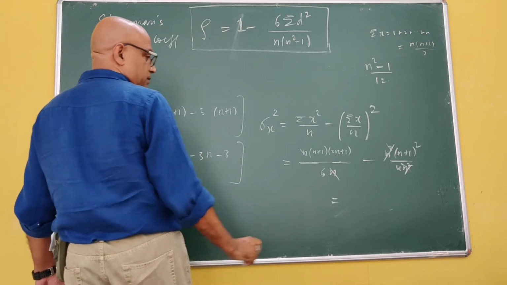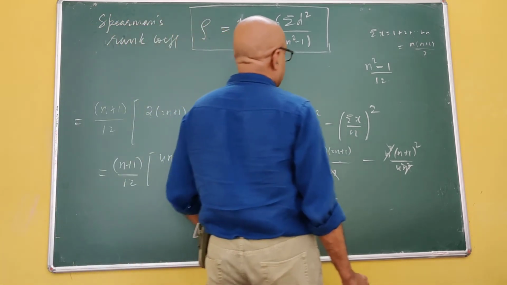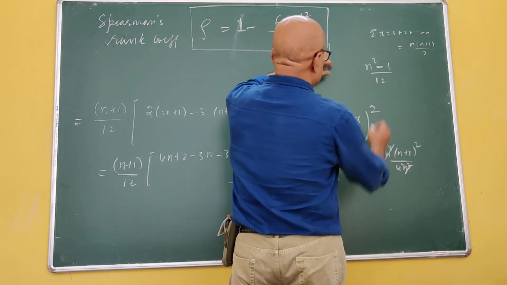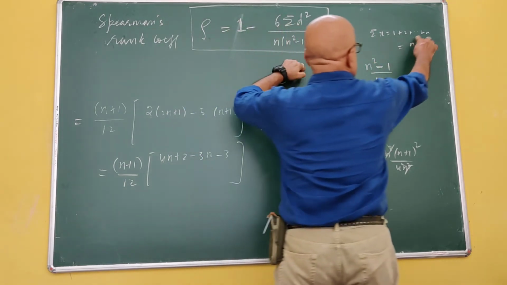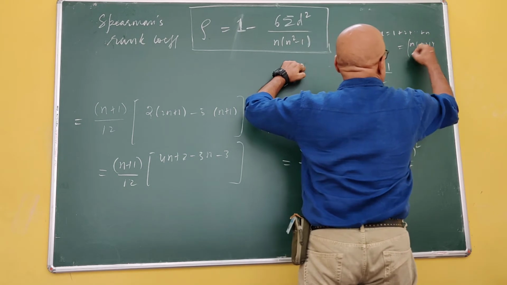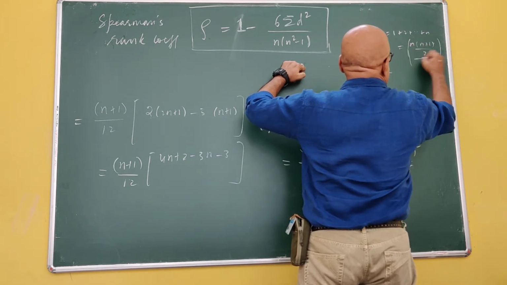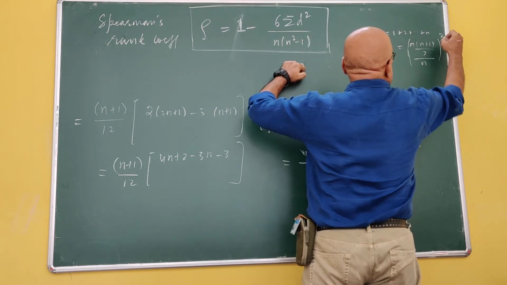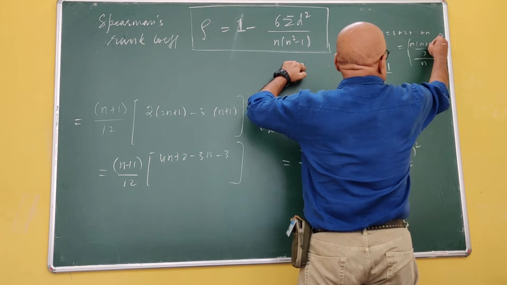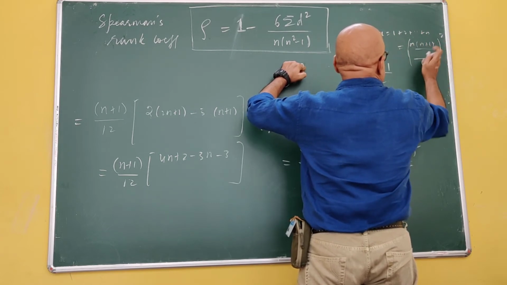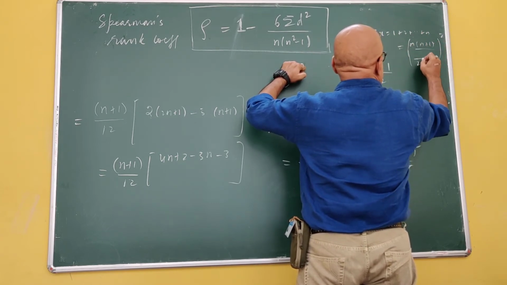Please take care to see that I put summation x as this much. So if you take this divided by n and square it, this gets squared, this gets squared, this gets squared, and of course this comes down. This also gets squared.